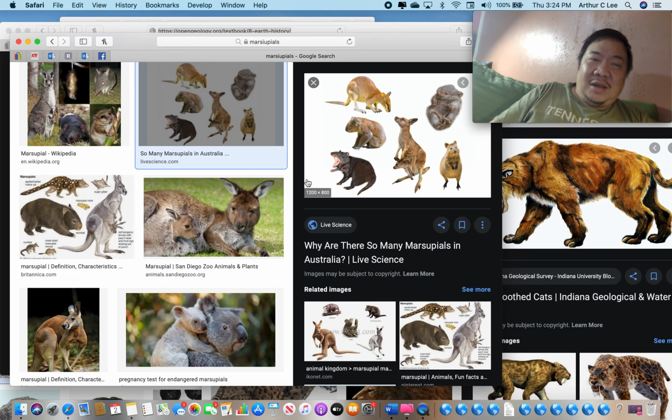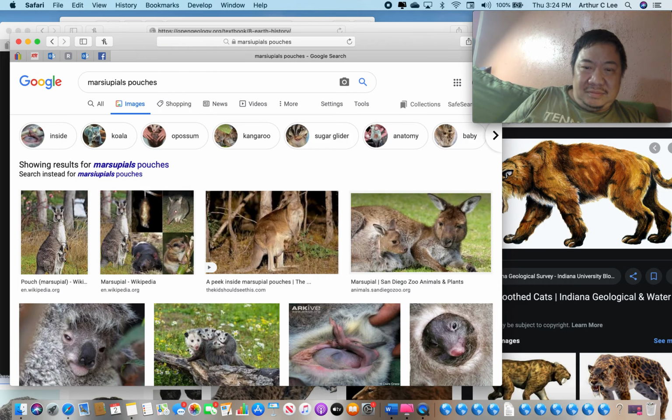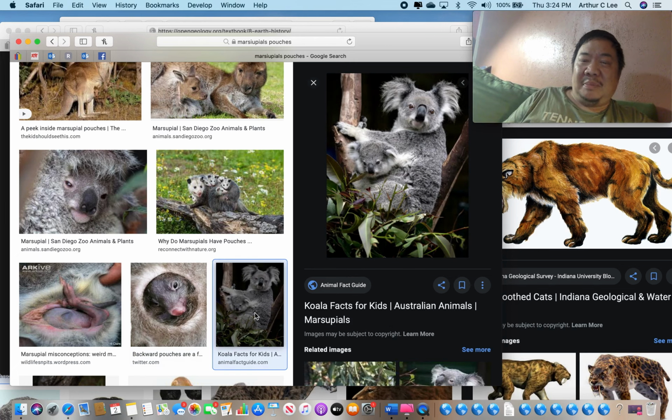What do they all have in common? Well, the babies grow up in a pouch, and inside of that pouch are these little milk teats of the mother, and the mother is going to carry around its baby in a pouch.